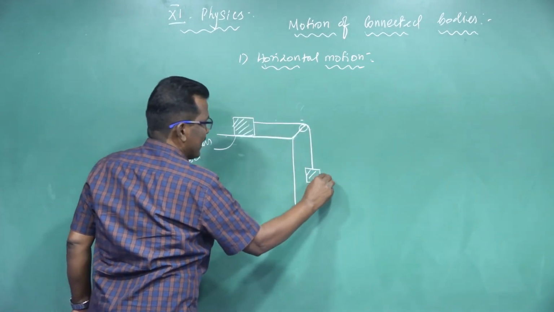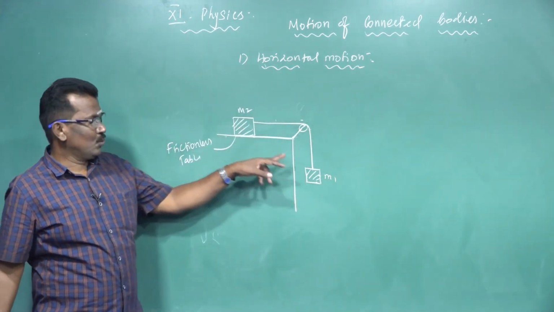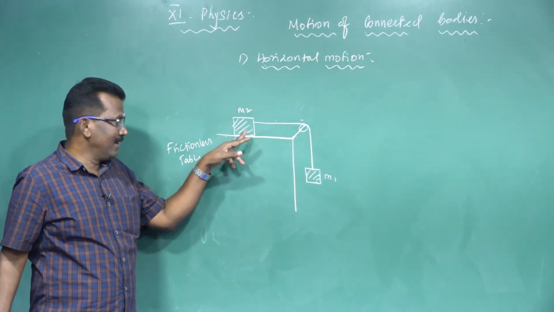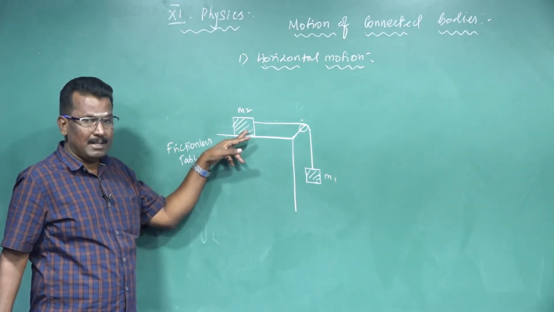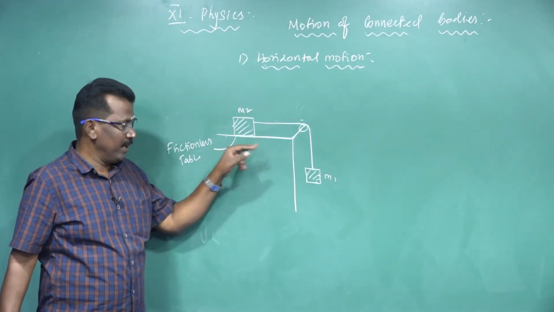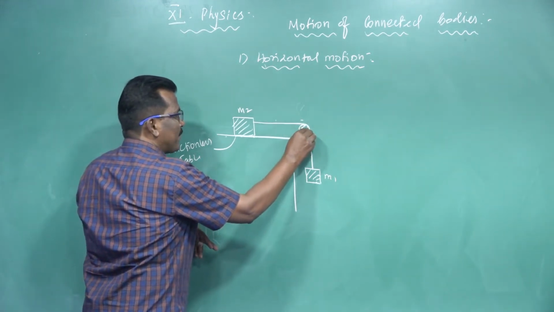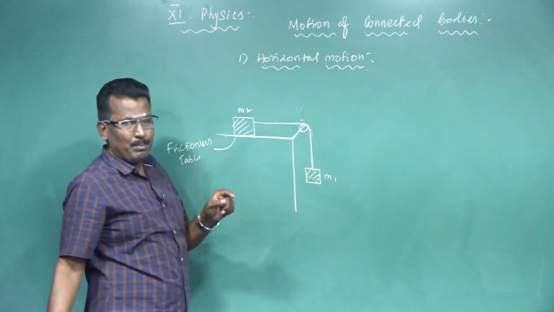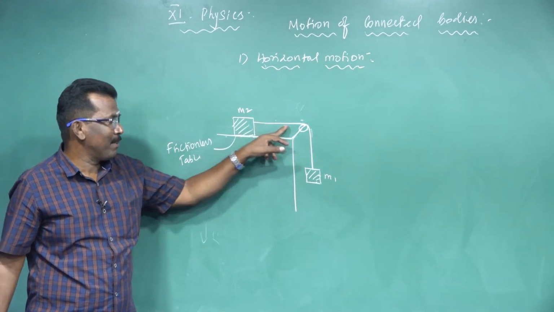So this is the mass m1, this is the mass m2. There are two masses. Mass m2 is placed on the table. The friction between the table and the mass m2 is 0, that is a frictionless, smooth table. Another mass m1 is hanging over the pulley. One is on the table, another one is hanging, but the two masses are connected by means of the string.